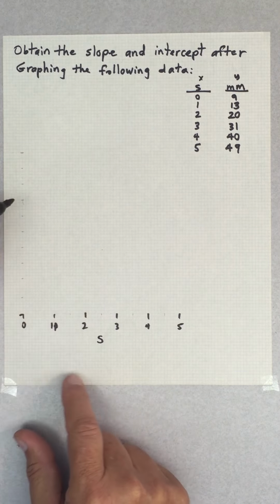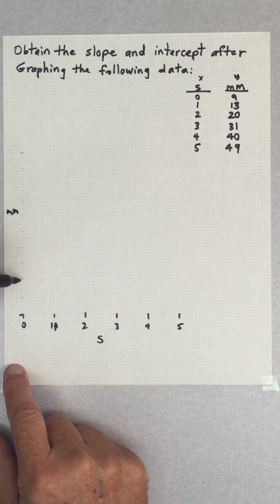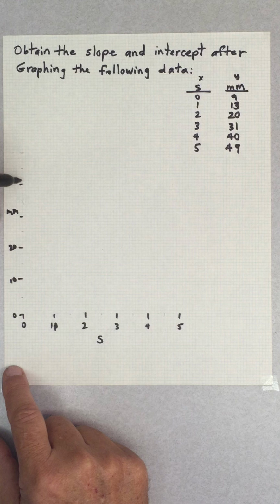These would be seconds, this would be millimeters. So maybe here's, let's see, 10, 20, 30, 40, 50, right? So here's 0, that would be 10, 20, that would be 30, this would be 40, and then this would be 50.